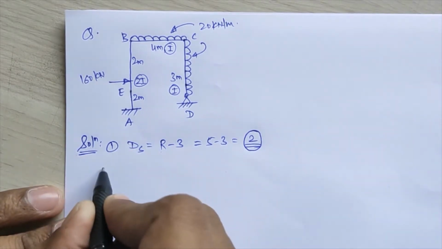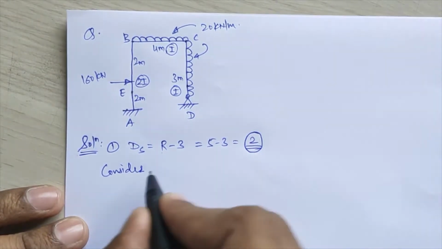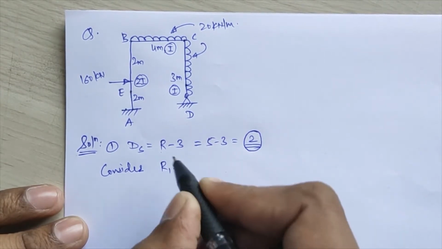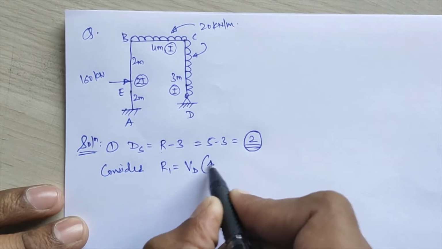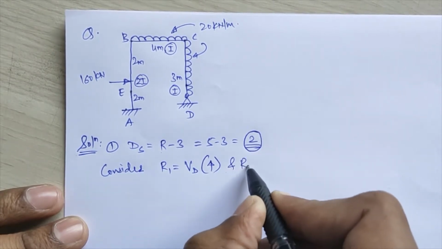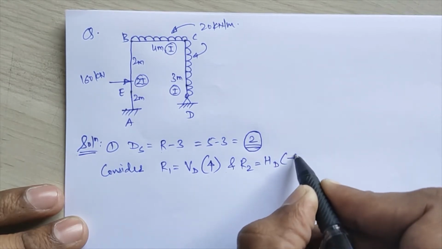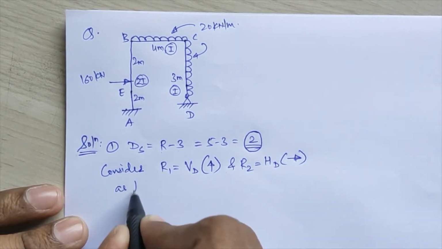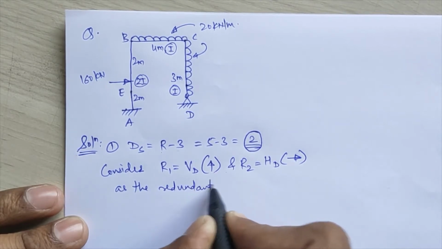So suppose R1 is equal to the vertical reaction at point D, say VD, and R2 is equal to the horizontal reaction at point D, acting in the rightward direction, as the redundant forces.